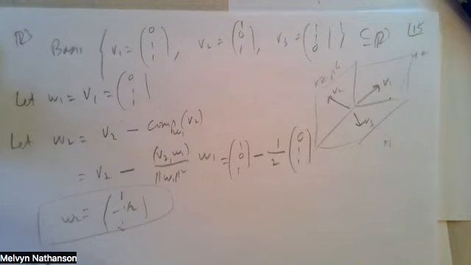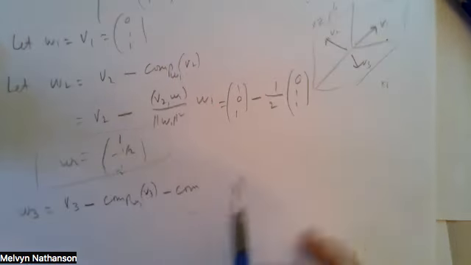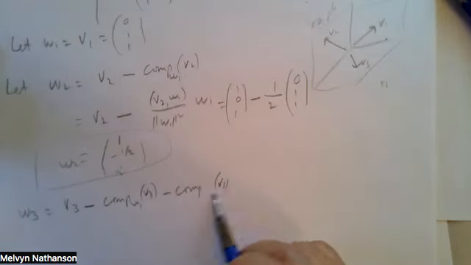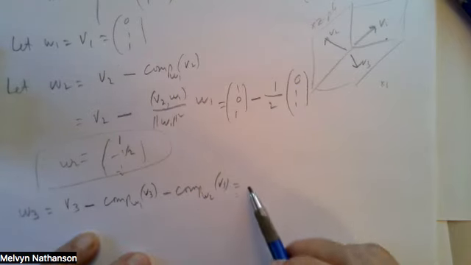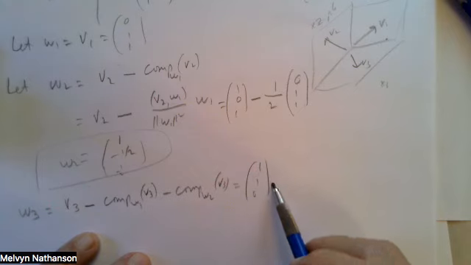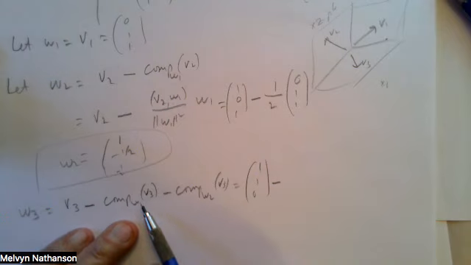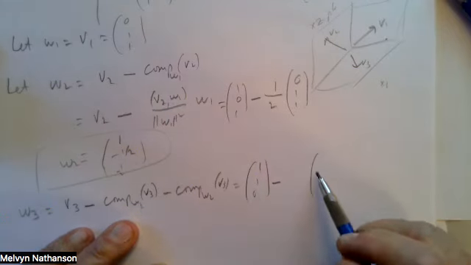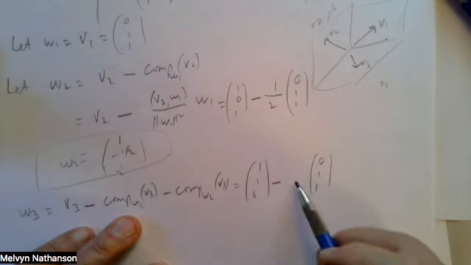W3 is going to be the vector V3 minus the component of V3 in the direction of W1 and minus the component of V3 in the direction of W2. So V3 is 1, 1, 0 minus the component of V3 in the direction of W1. That's something times W1. W1 is the vector 0, 1, 1.